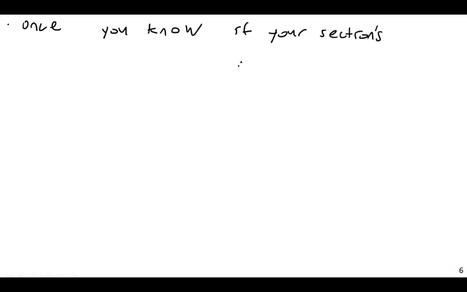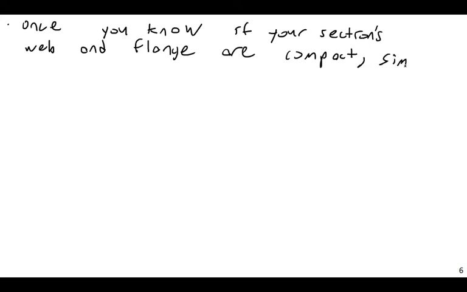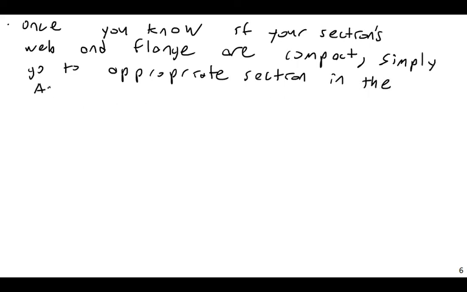Once you know if your section's web and flange are compact, then you will simply go to the appropriate section in the AISC code, the AISC manual.